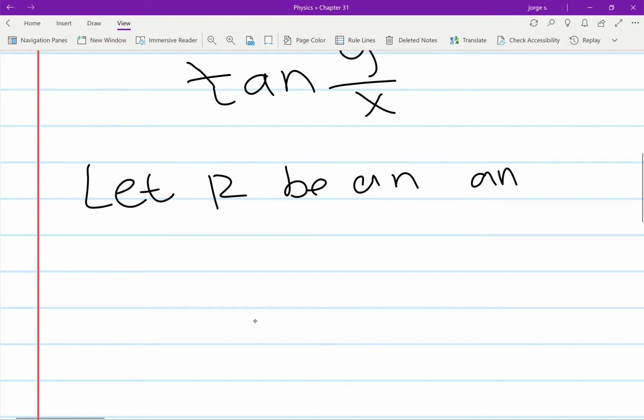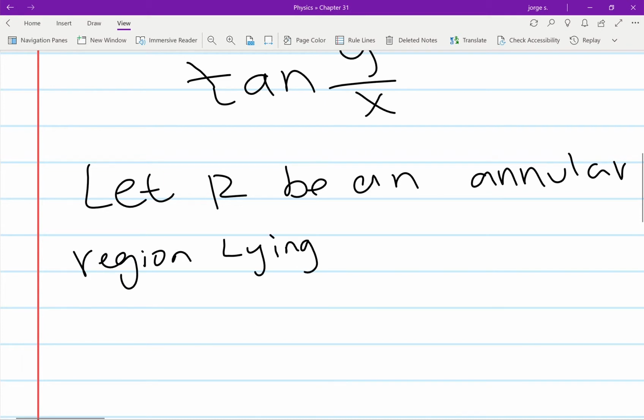an annular region lying between the circles.